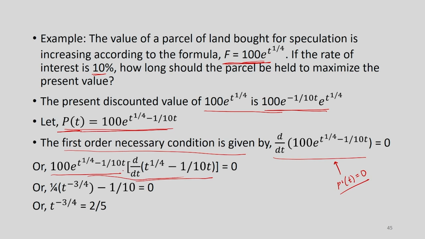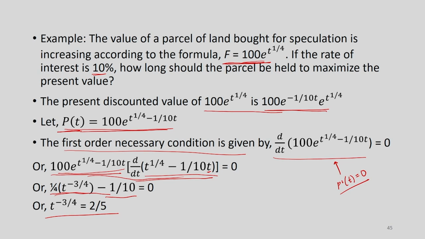Since it has to be equal to 0, and this first part is not equal to 0, we can only concentrate on the second part. From here we get this condition: 1/4 of t to the power minus 3/4, this is the power rule, minus 1 divided by 10, because this t will just drop out. Simplifying further, t to the power minus 3/4 is equal to 2 divided by 5.